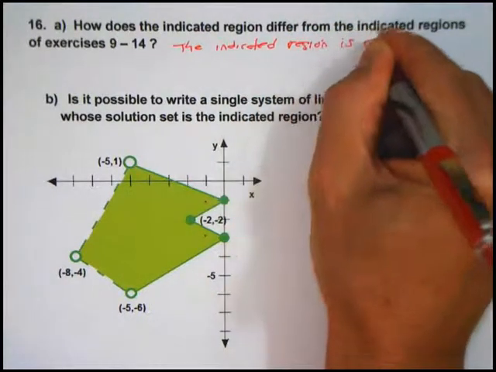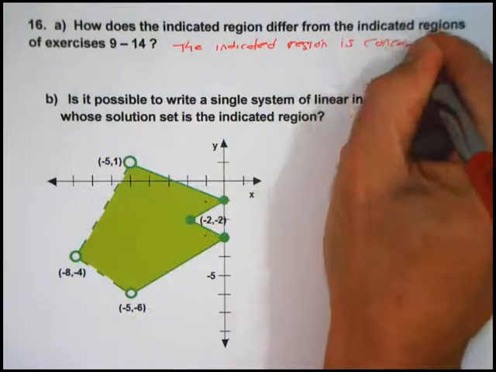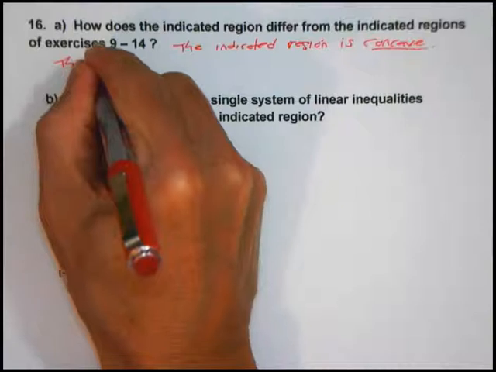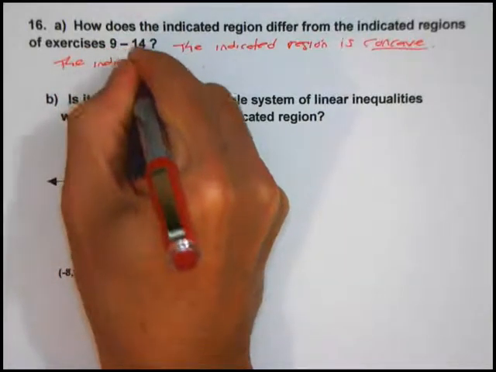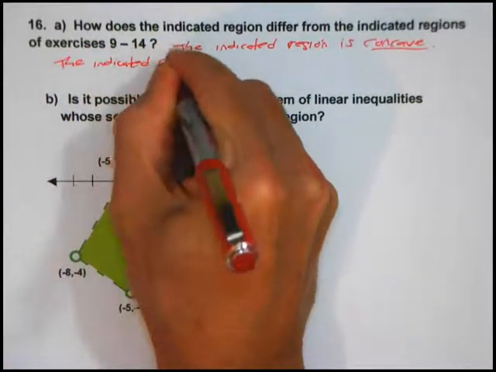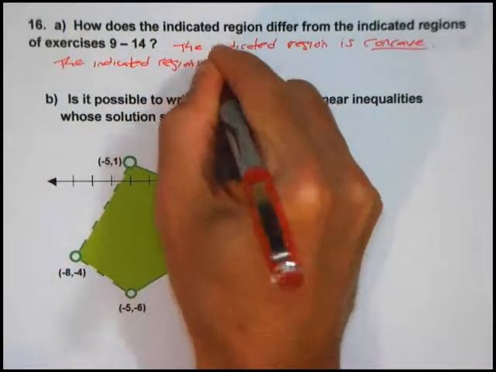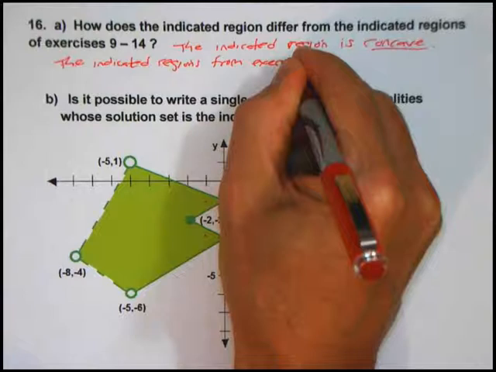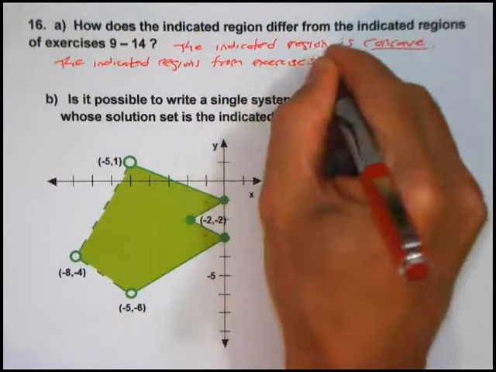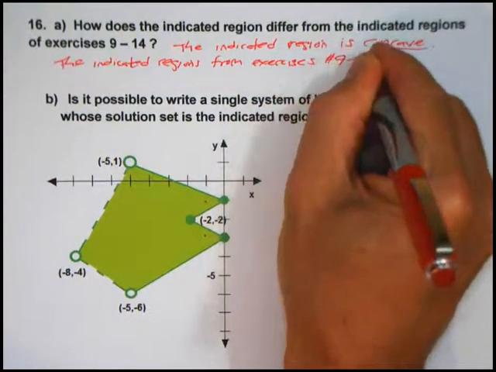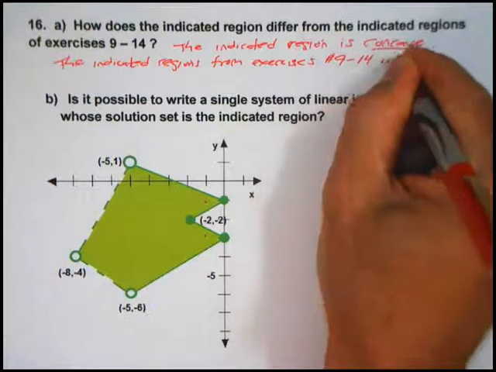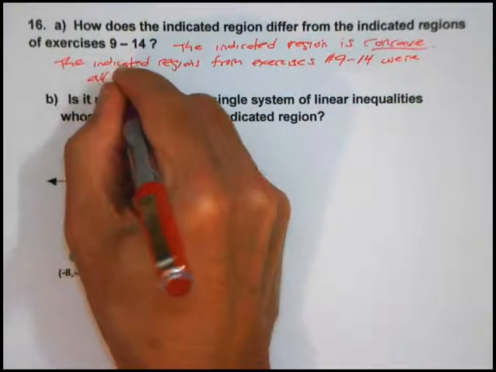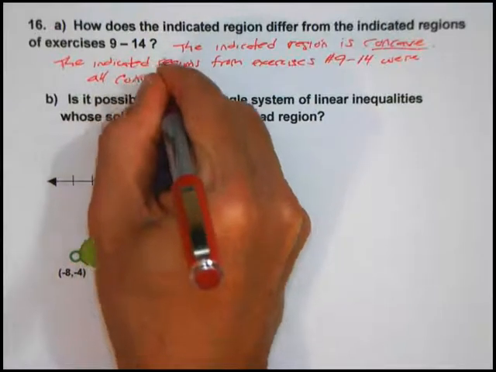The indicated regions from exercises 9 through 14 were all convex.